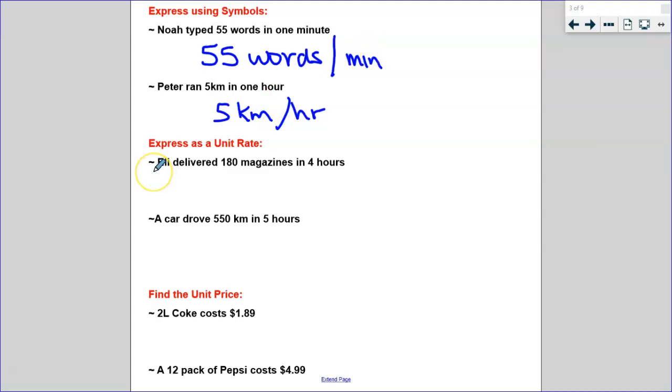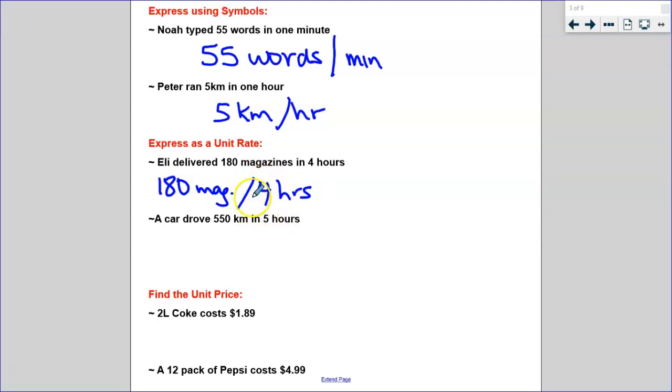Express as a unit rate, this is where I told you we needed to get it down to 1 per 1. So if Eli delivered 180 magazines in 4 hours, that would be how you write a symbol, but now we want unit rates.